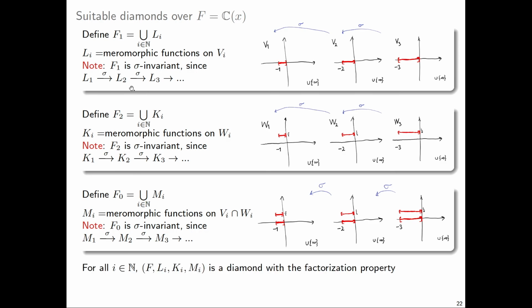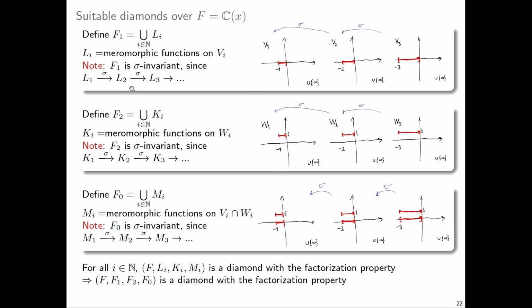And then overall, note that these Vi and Wi are open and connected. They cover together the whole Riemann sphere for each i. So in each column, Vi and Wi together cover the whole sphere, and they have a connected intersection, which is in the third row. So we know that for each i, each column is a diamond with the factorization property.